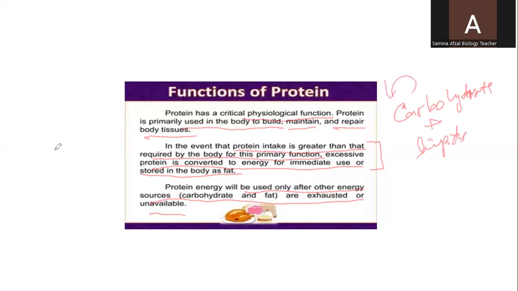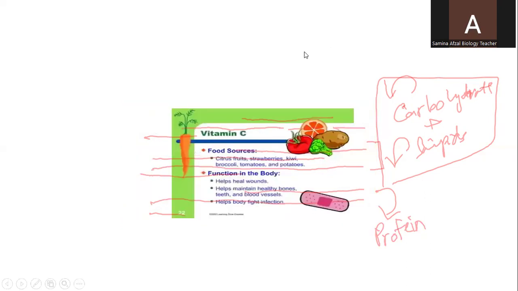Carbohydrates give us immediate energy, lipids give us the highest amount of energy. So when these sources are not available in the body, then the body will get energy from proteins at last. But they give us energy in any case when the body needs it.